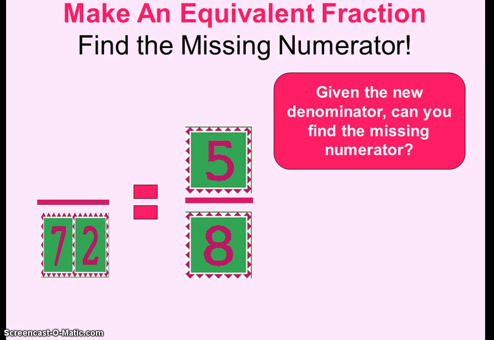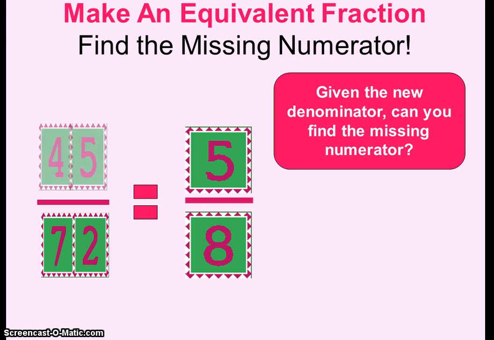now we can also go the other way. To get an equivalent fraction, we don't always have to multiply and go up. If we're given a big number in a fraction, we can just divide by a number that will equal 1. So again, we just pick a number that will divide into 72.